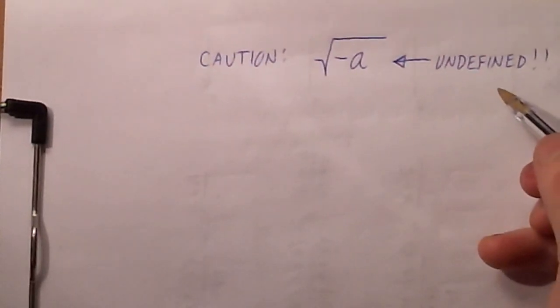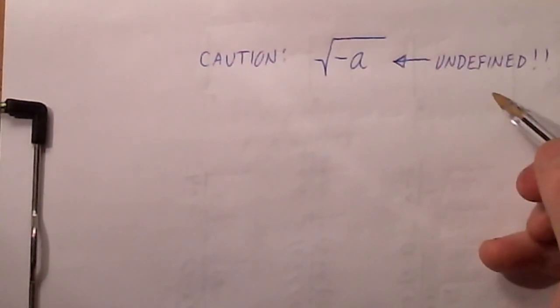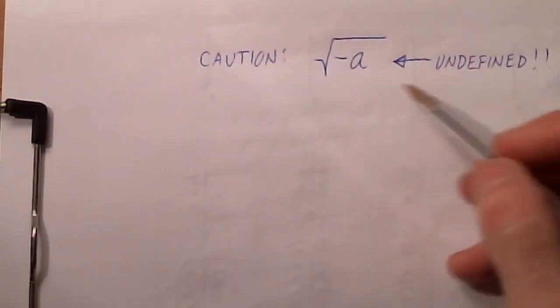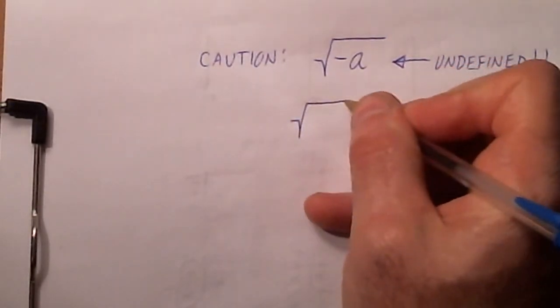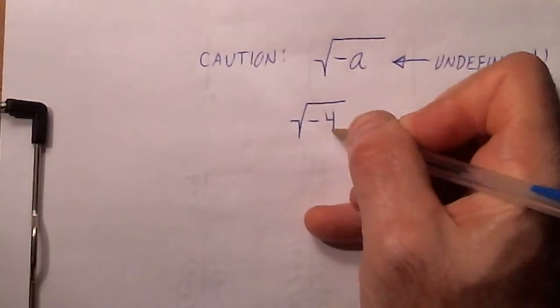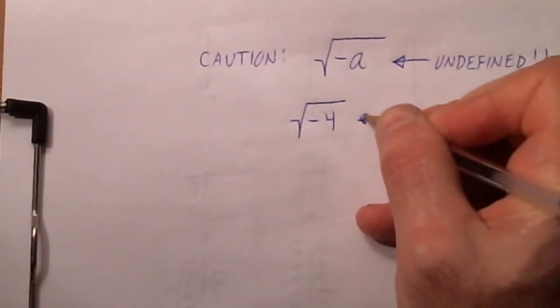In fact, it turns out to be what's called an imaginary number or complex number. We don't study those types of numbers in Math 082. You will touch base with them a little bit in intermediate algebra, Math 120. So the square root of a negative quantity, for our purposes, is classified as being undefined. So if I give you the square root of negative 4, we say that this is undefined.